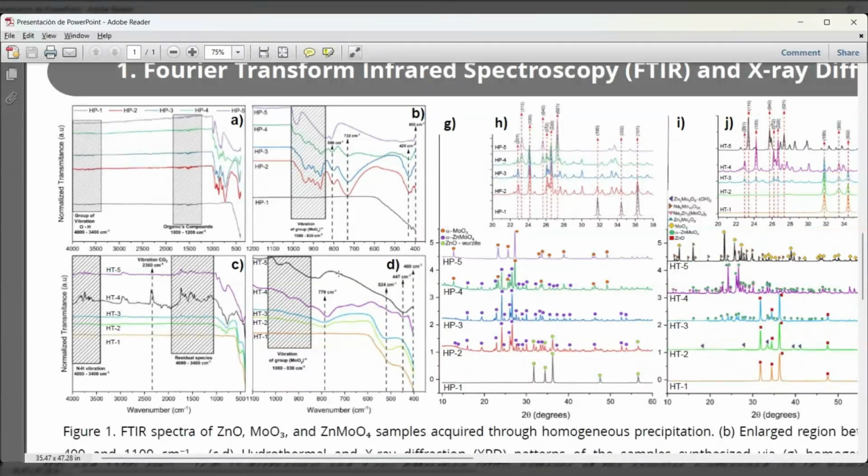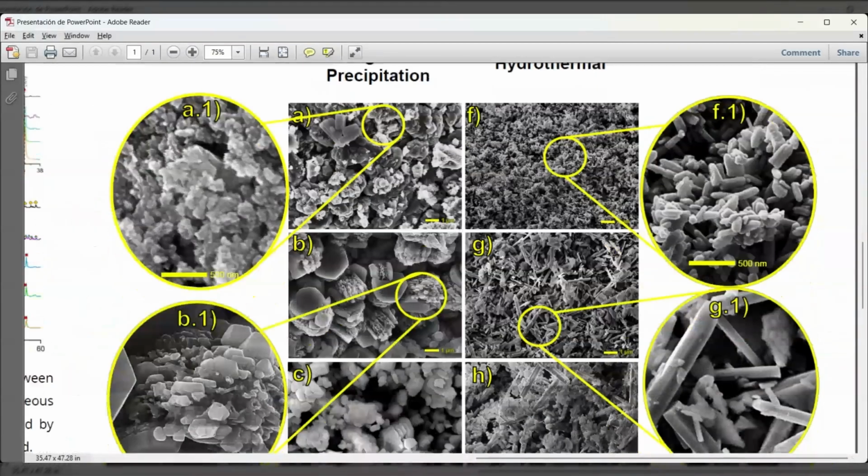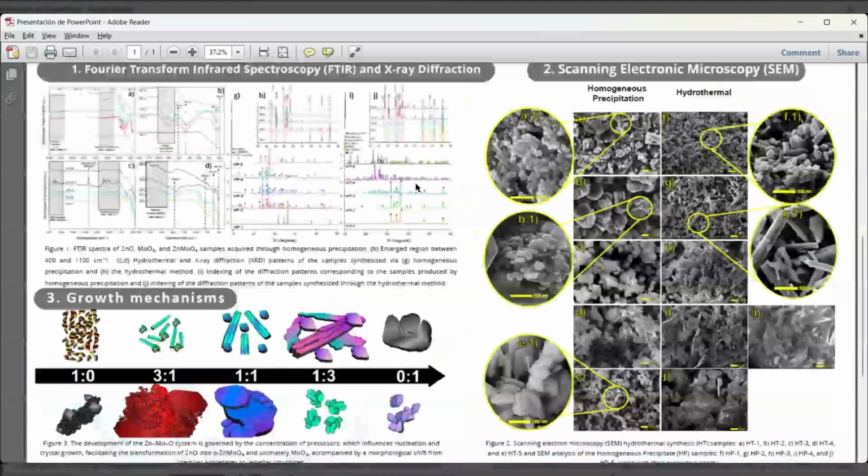The SEM scanning electron microscopy analysis reveals that the structural changes observed by X-ray diffraction are also accompanied by significant morphology evolution. For the homogeneous precipitation route, HP1 presents an irregular and highly aggregated morphology, which can be associated with particle growth and agglomeration during precipitation and subsequent thermal treatment.